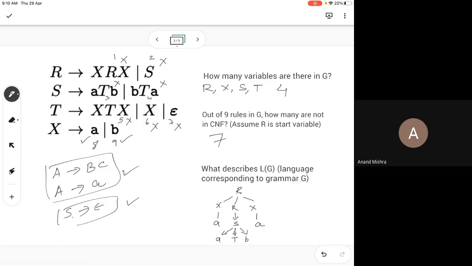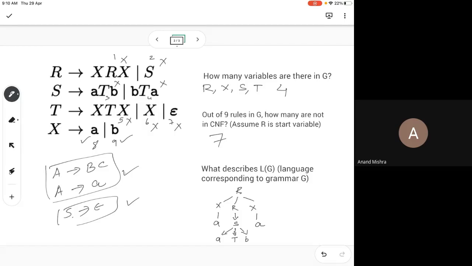ATB itself says that this can never be a palindrome, because it starts with A and ends with B, and the second character from the left is A, but the second character from the right is B. Even if you apply BTA, a similar thing will happen.